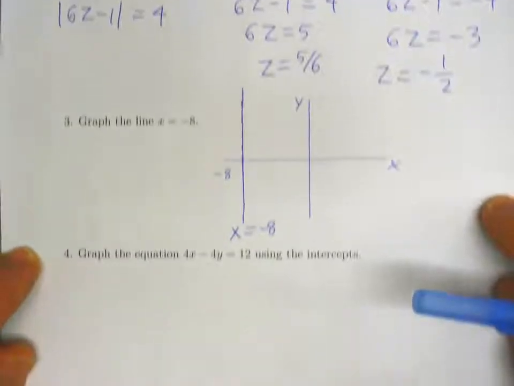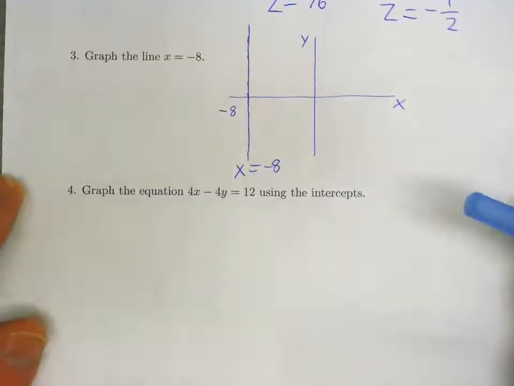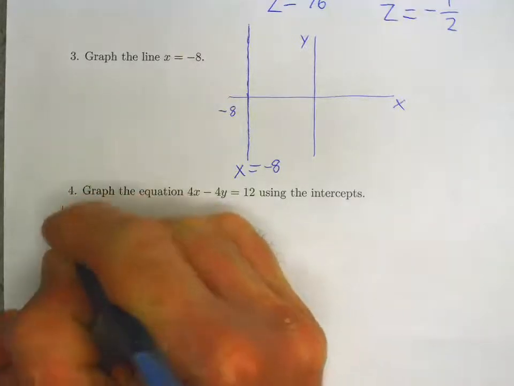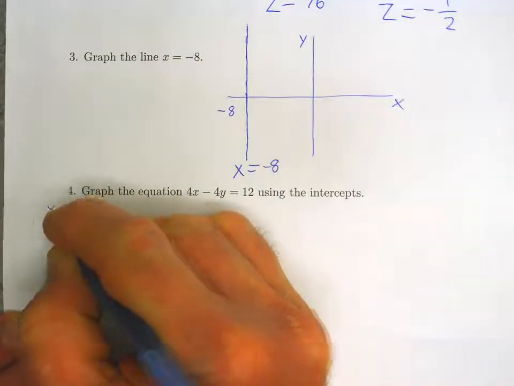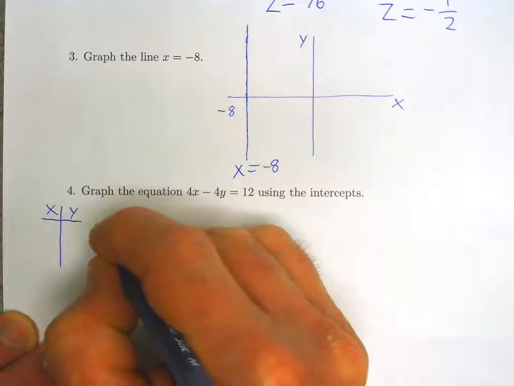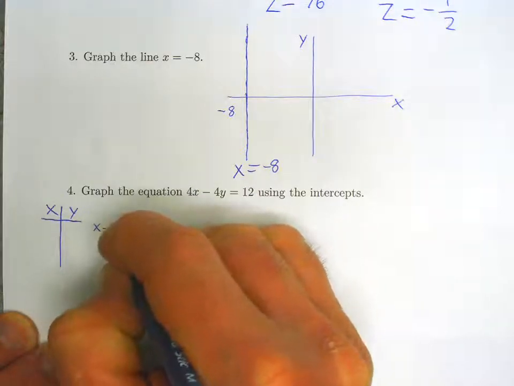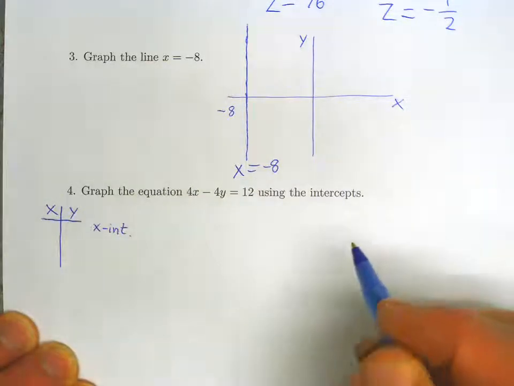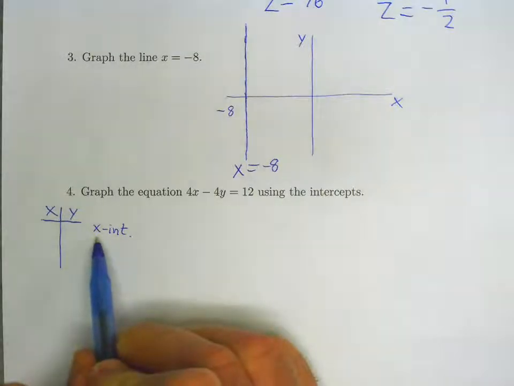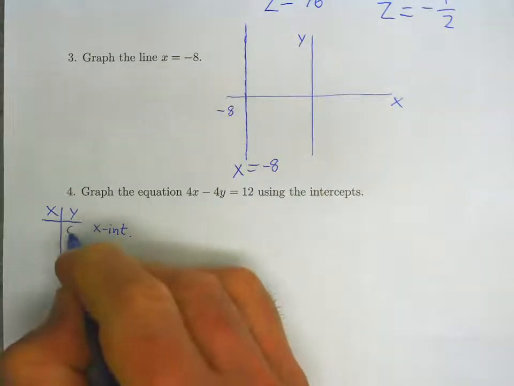Okay, and the next problem, 4: graph the equation 4x minus 4y equals 12 using the intercepts. So we'll find the x-intercept and the y-intercept. First, find the x-intercept. Well, every x-intercept has a y-coordinate of 0.